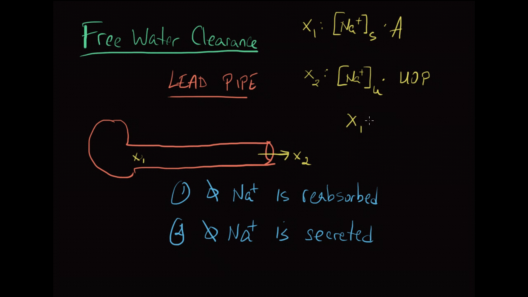So we know that these two equations are the same or equal to each other. We know that x1 is going to have to equal x2 because of the assumptions that we made down here. So let's put these two together. So we know x1 is going to equal x2. And we know x1 is this. And we know x2 is this.